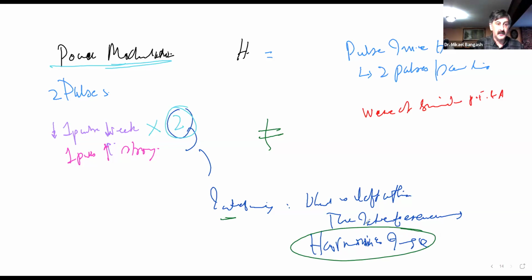But as we see here as well, this also uses two pulses. So what did that tell us? That this one here also will have a degraded temporal resolution.